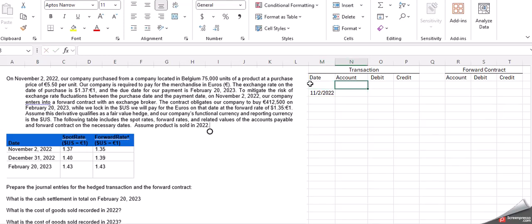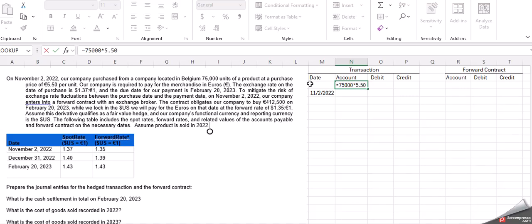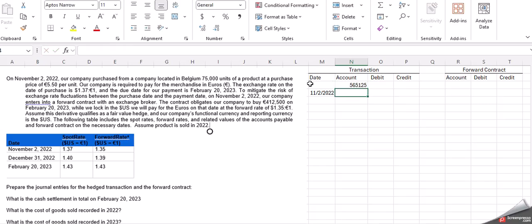If I calculate out my amount, we have 75,000 units times the €5.50 per unit times the $1.37. So that's going to be our dollar amount.